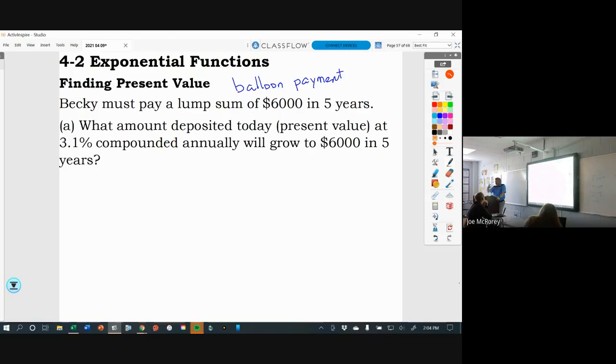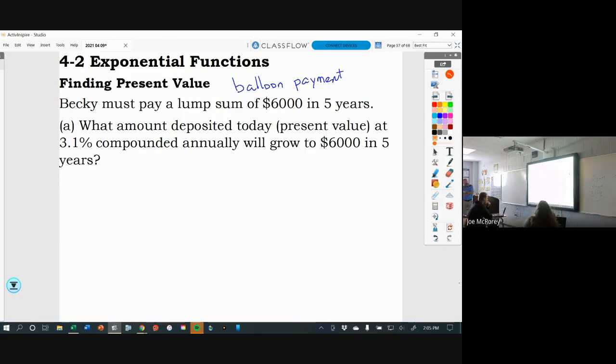In order to get your payments lower, you make 60 equal payments, but when you're done you still don't own the car because you still owe $6,000. At that point you could finance that $6,000 separately. That's what this lump sum means.